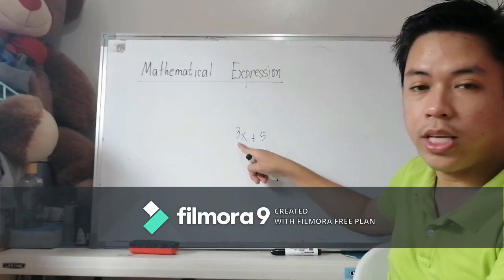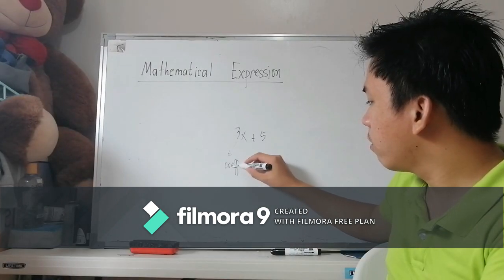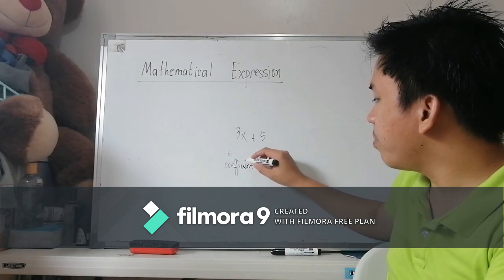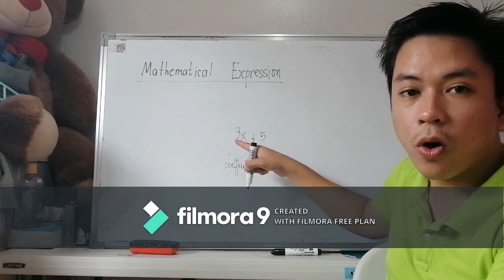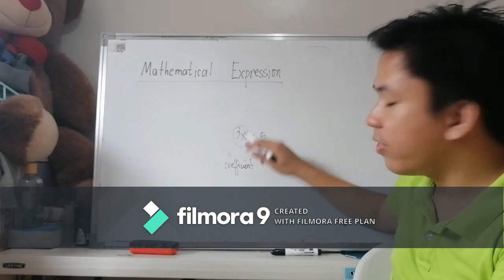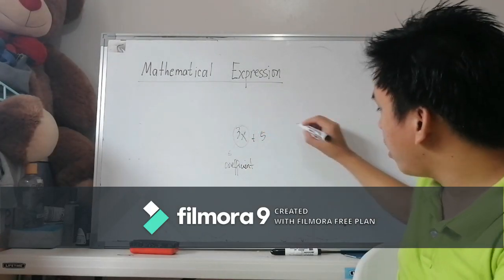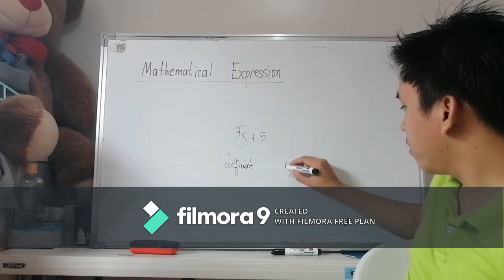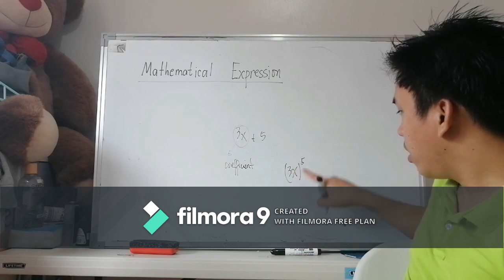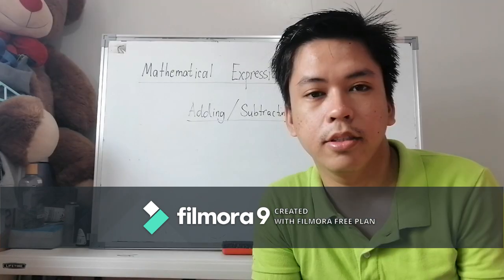This 3 is what we call the coefficient, which means this coefficient is a constant to this variable x. This thing is the entire base. And if you raise this thing to, let's say, 3x to the 5, then this 5 is the exponent, or what we call the power.